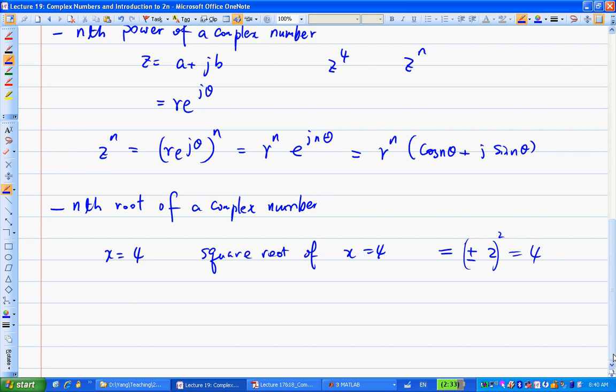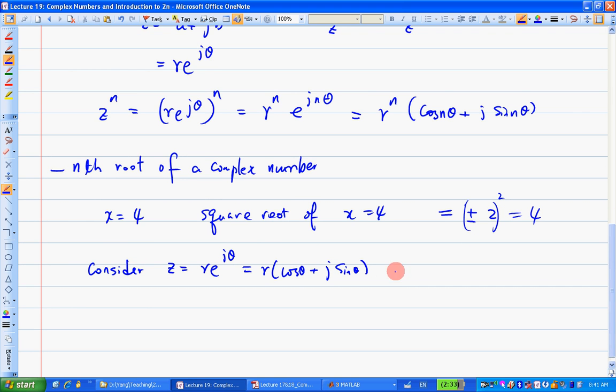So consider a complex number. Instead of considering the complex number in the earlier format, I'm going to consider it in this format: z equal to R e to the j theta. What we're going to look for is a w.